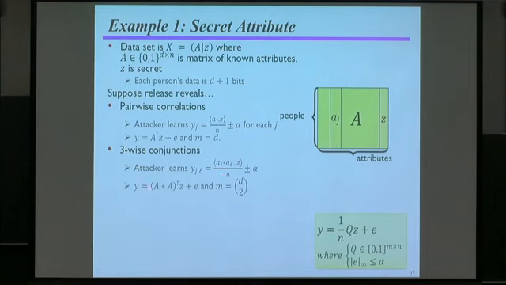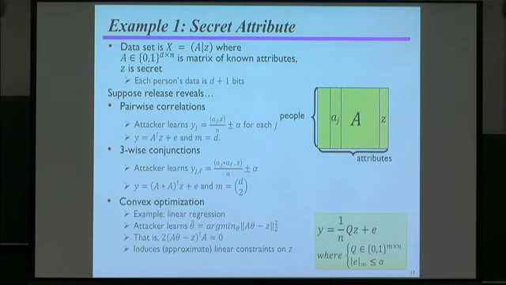The matrix of linear constraints you're learning about Z is some weird product of A with itself, but it's again a matrix known to the attacker. There are other examples. If you were to release the result of fitting some regression model that predicts Z based on the attributes in A, you can interpret the information revealed, even if approximate, as giving you noisy linear constraints on Z.